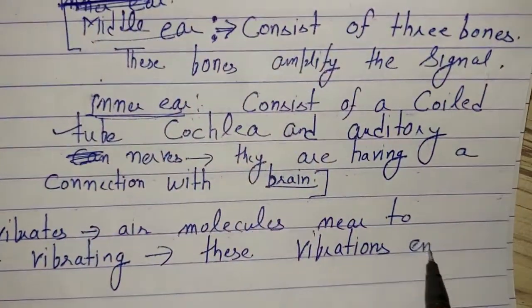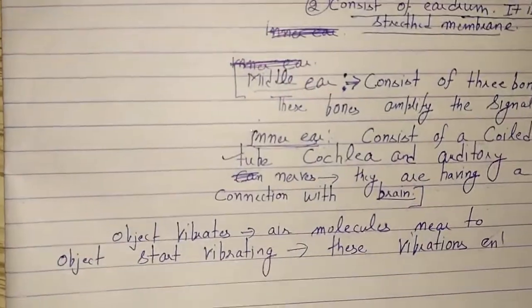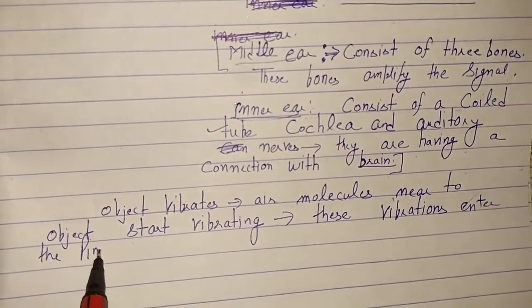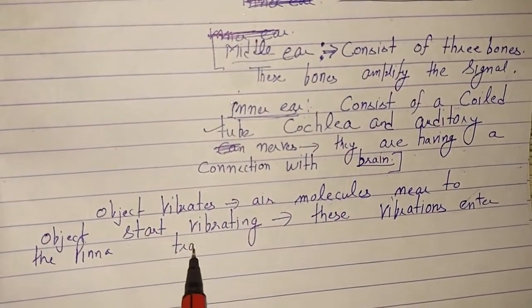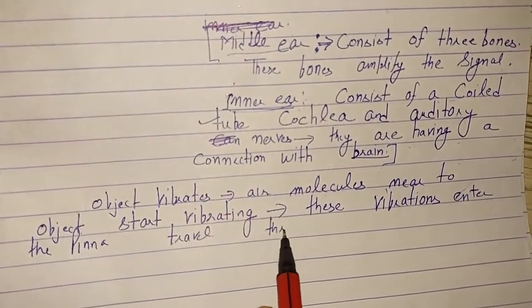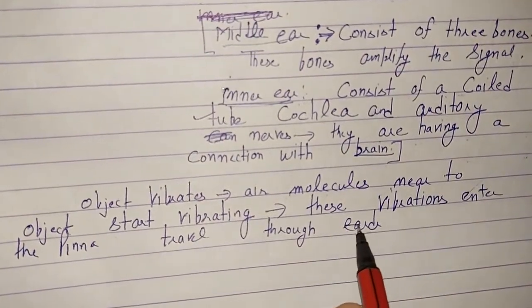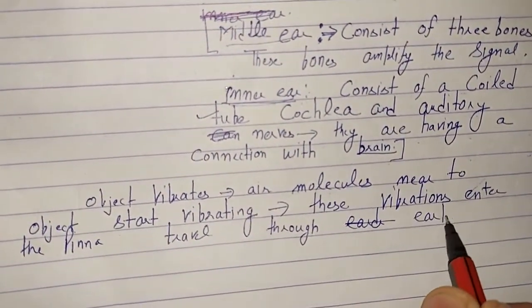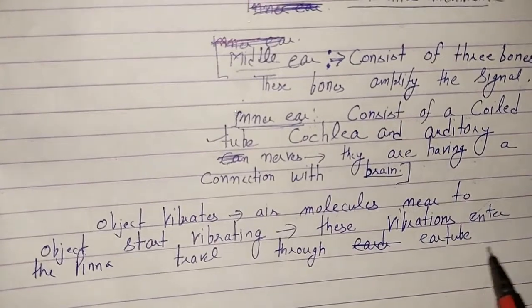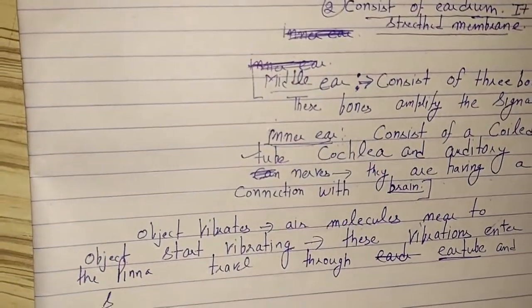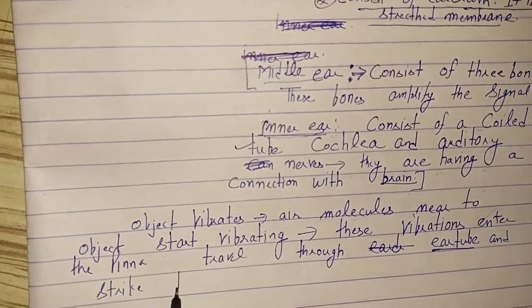First they enter the pinna, then they travel through the ear tube and strike the eardrum.